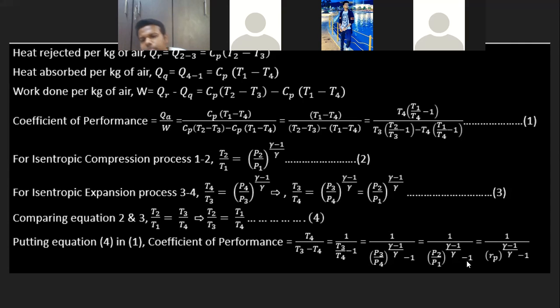Minus 1, right? This P2 by P1 we used to call the compression ratio, sometimes the expansion ratio also, but in the Brayton cycle it is more specifically known as the pressure ratio. This is RP, the pressure ratio. P2 by P1 I will call RP, so RP raised to power gamma minus 1 by gamma, minus 1.